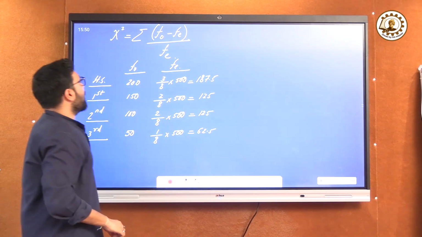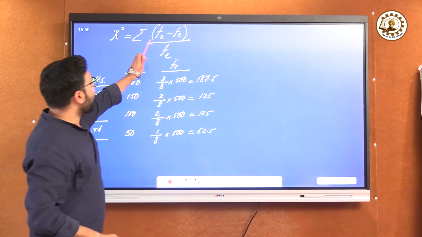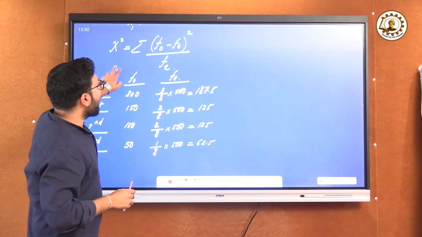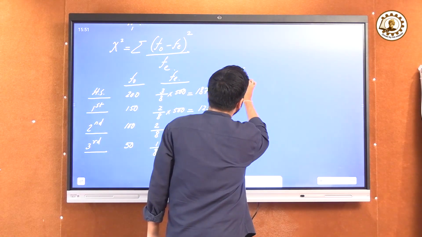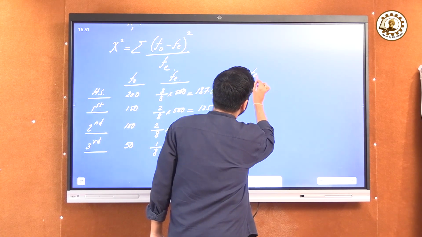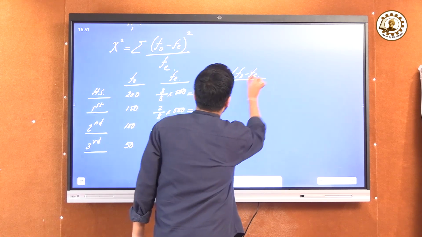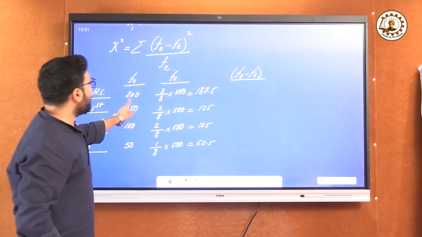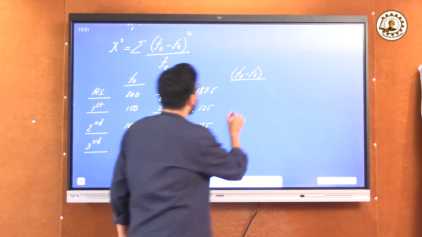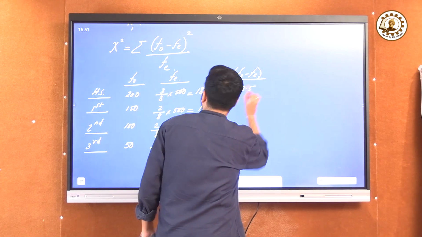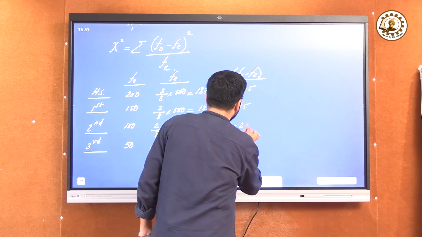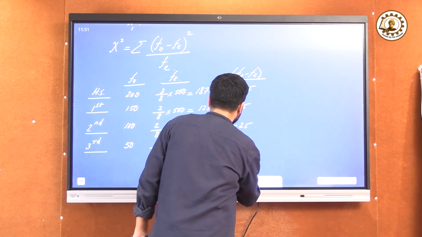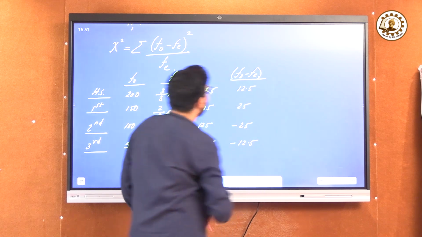Next you see, you have to get the value of FO minus FE whole square. So first I will develop the column FO minus FE. So here FO minus FE, this would be 12.5. This is 25. This is again minus 25 and this is minus 12.5.